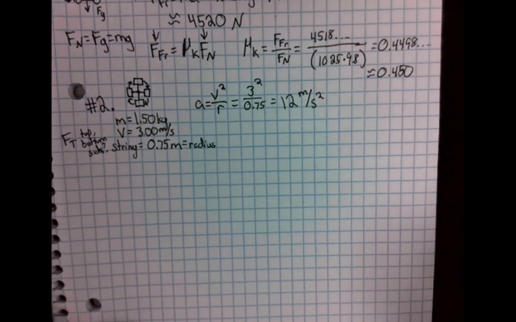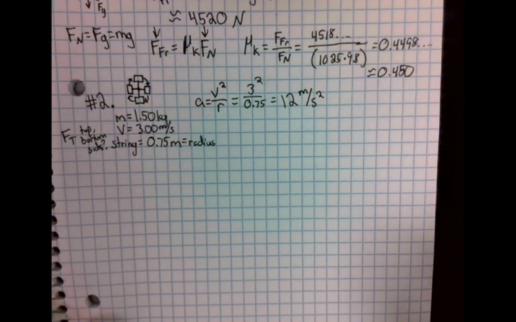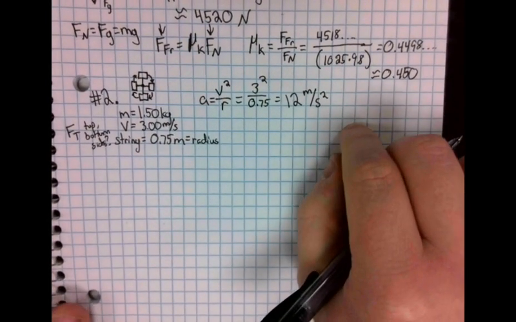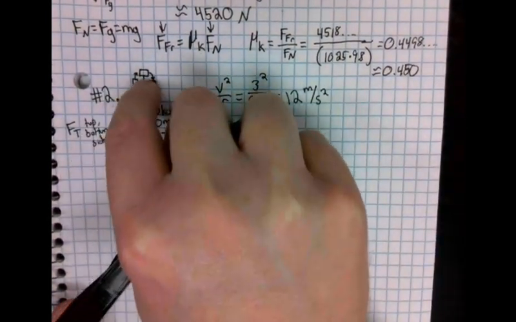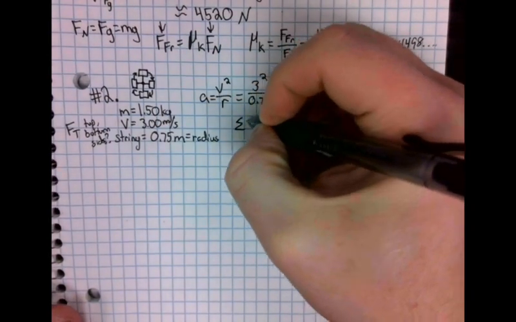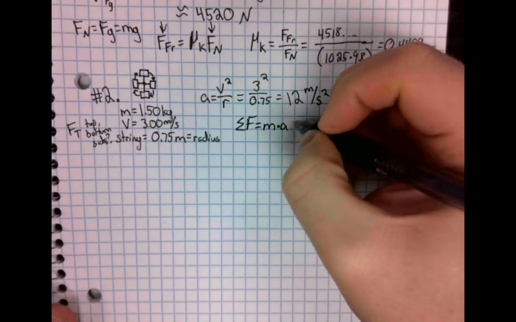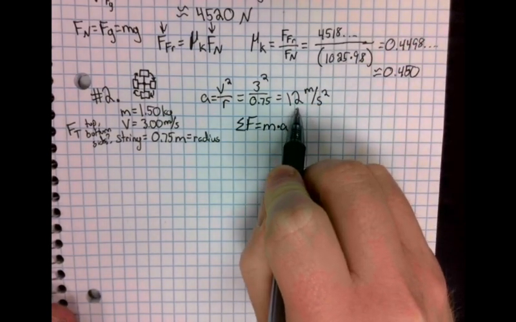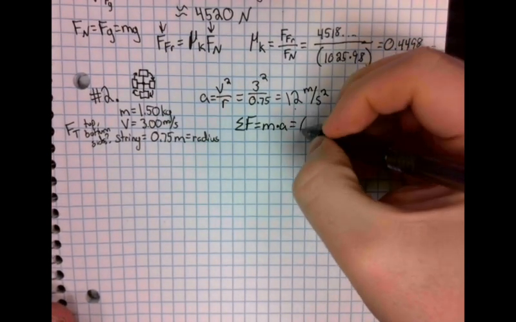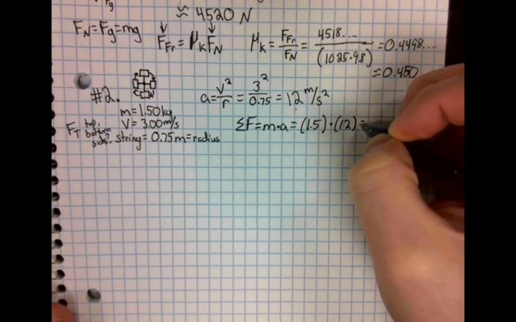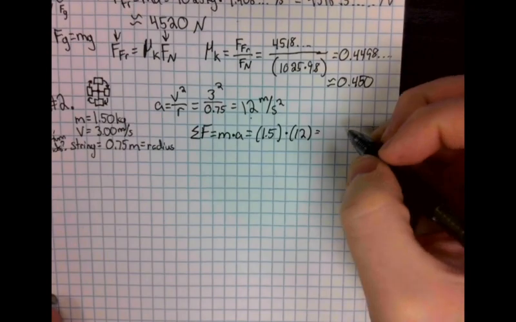We also know that if that is the force that's acting on it, the force directing inwards, that's the acceleration that's happening. At every one of these positions, the sum of the forces must be equal to the mass times its acceleration. And if the acceleration is 12, then we know that our mass is 1.5 times 12. We get 18, I think.